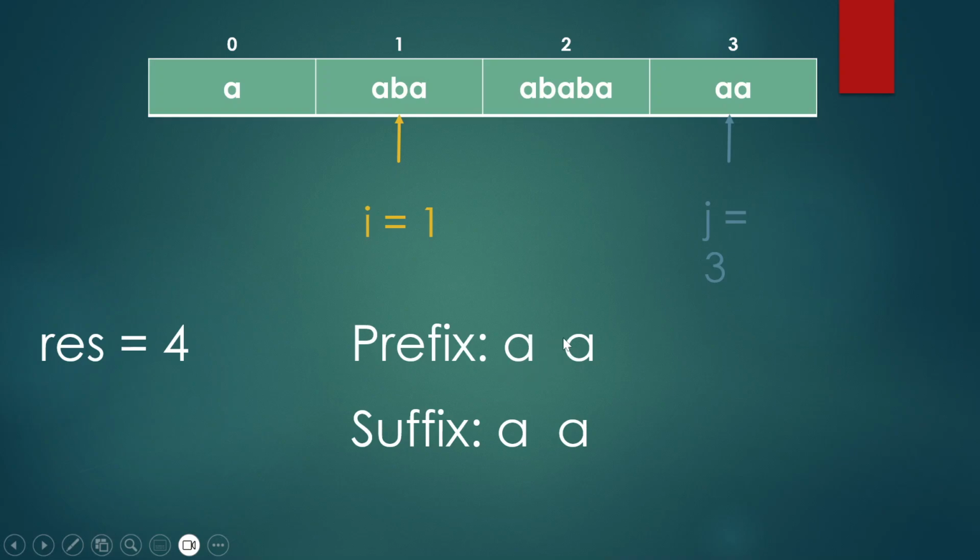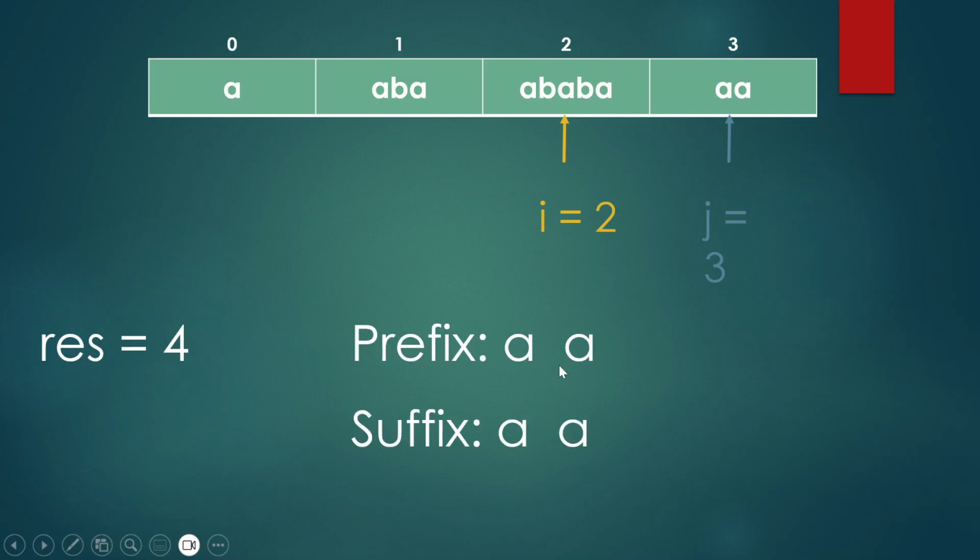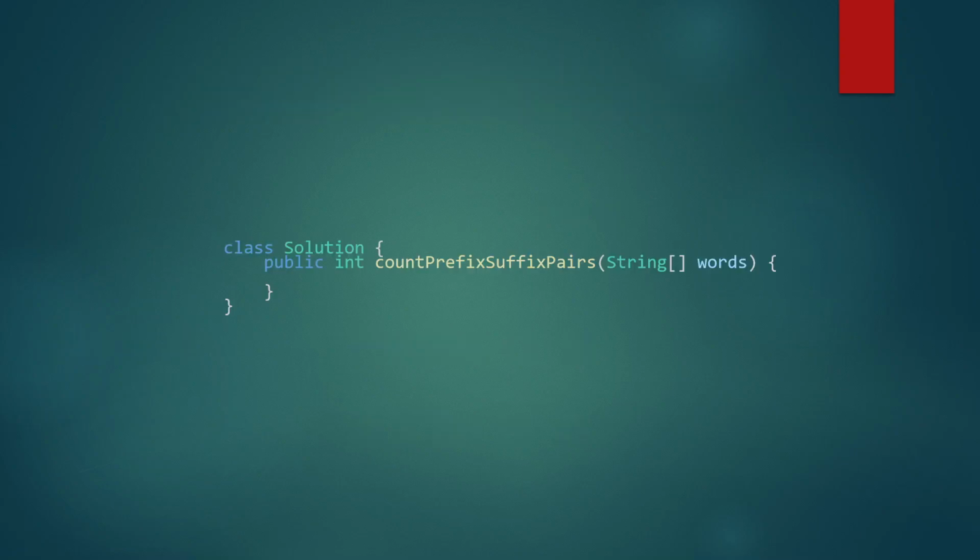And similarly, you can see ABA is not a prefix and not a suffix, so we don't have to increment our result. Now we increment i to 2, so we have to start j equal to 3. Only this is left, so for this case we don't have a match either. This is not a valid case, so we don't have to increment anything.